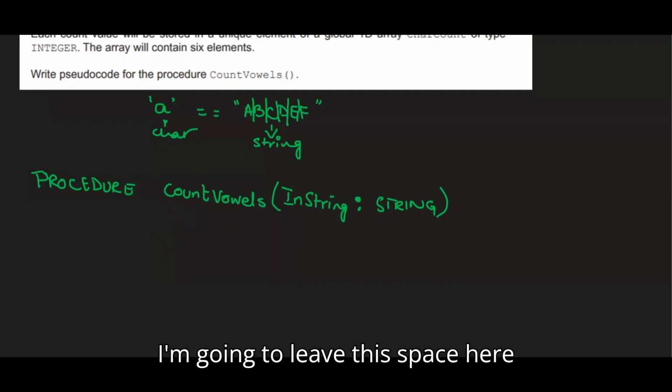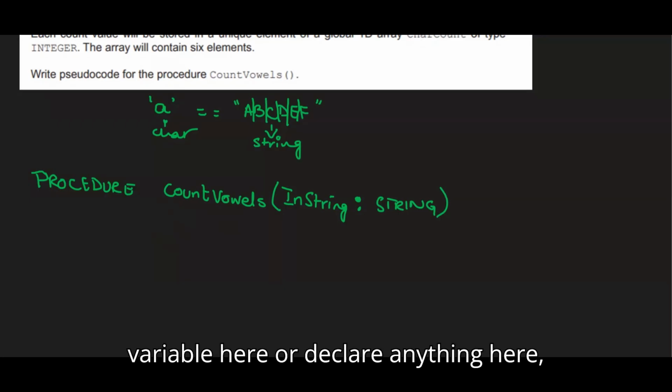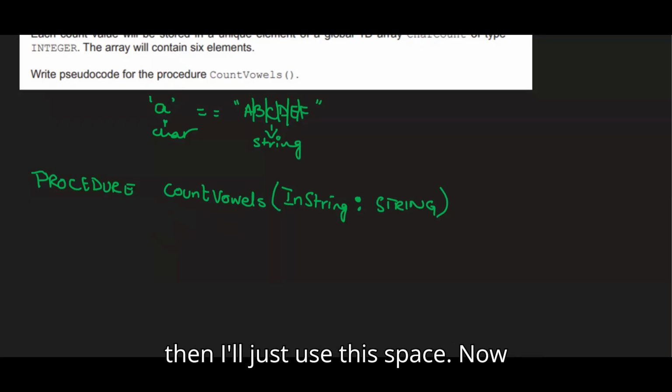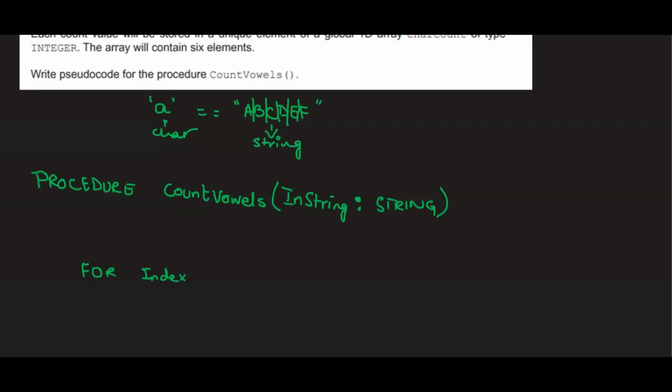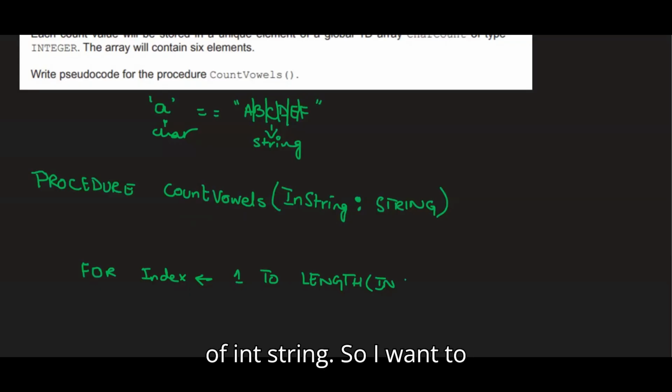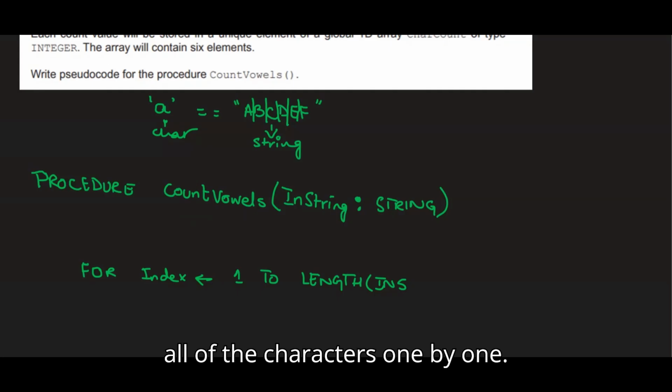So I'm going to leave this space here, because if I have to declare any variable here, then I'll just use this space. So now first, let's just start with a for loop, because I need to extract for index 1 to the length of in string. So I want to extract all of the characters one by one.